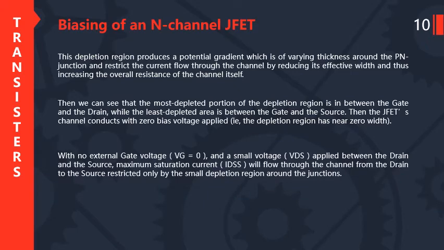With no external gate voltage, meaning the value of VG is equal to 0, and a small voltage VDS, meaning voltage across the drain and source, applied between the drain and source, the maximum saturation current IDSS will flow through the channel from the drain to source, restricted only by the small depletion region around the junction.